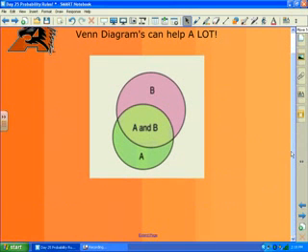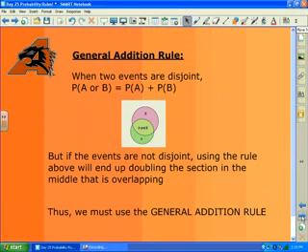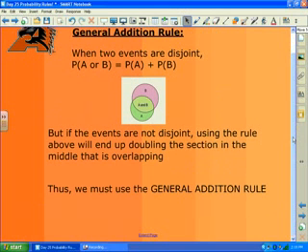The best picture is a Venn diagram because you can see how much is extra or maybe got counted twice when you did your addition. Okay. So when 2 events are disjoint, then we can just simply add.